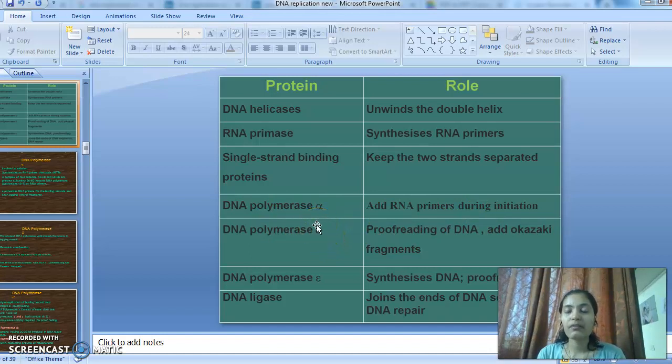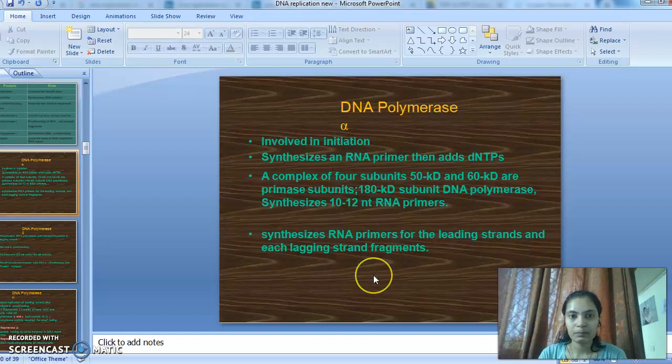If any wrong bases are inserted in the DNA, they are removed, and that proofreading is done by delta polymerase. Then DNA polymerase epsilon is for the synthesis of DNA and again for proofreading. And DNA ligase: at the end, the two strands which are synthesized are joined, and DNA repair is done by DNA ligase.